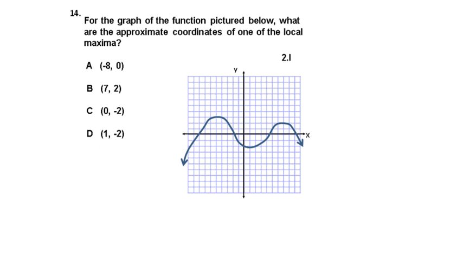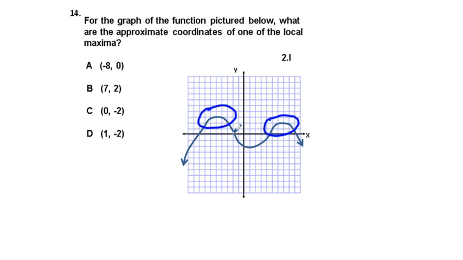Next, 14. For the graph of the function pictured below, what are the approximate coordinates of one of the local maxima? Well, local maximum means relative high point or relative maximum. There are two of them there, this one on the left, but there's also the one on the right. I think a lot of people were kind of stuck on the one on the left, since obviously that one is higher. So you look for the coordinates here.